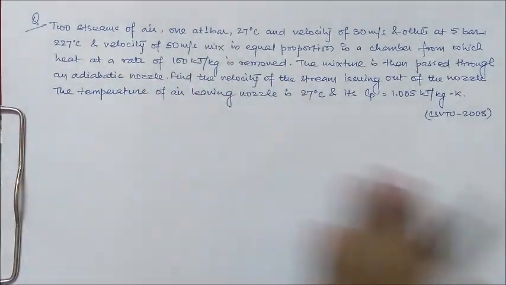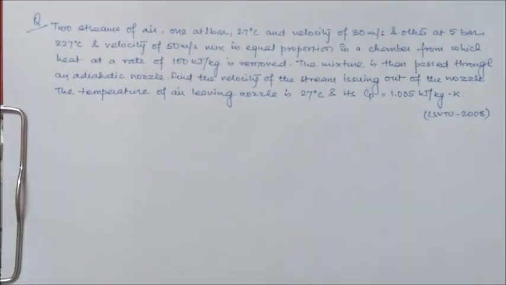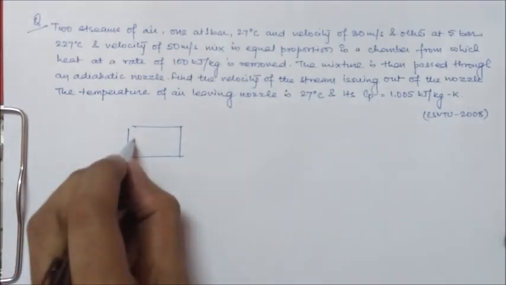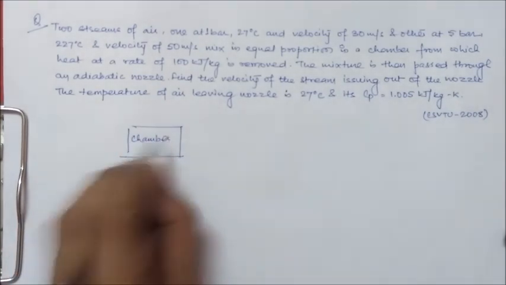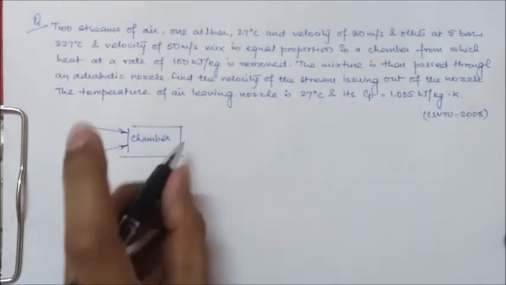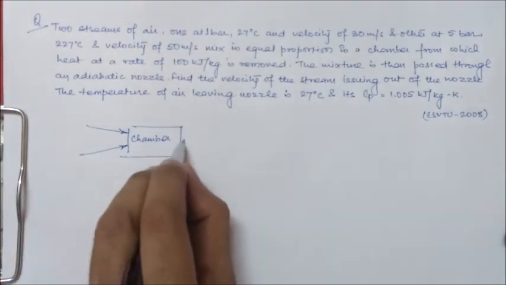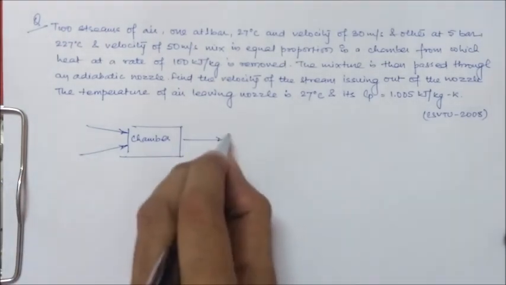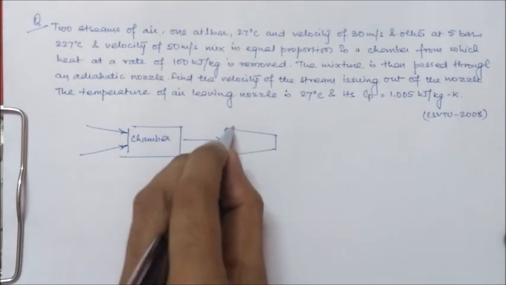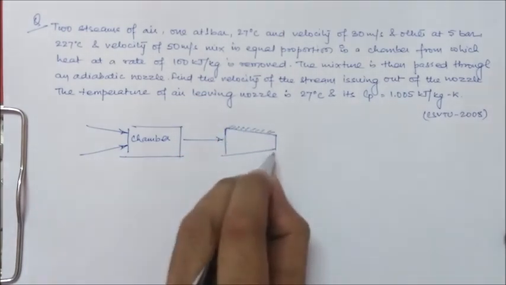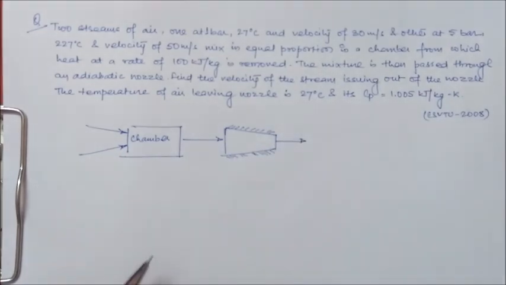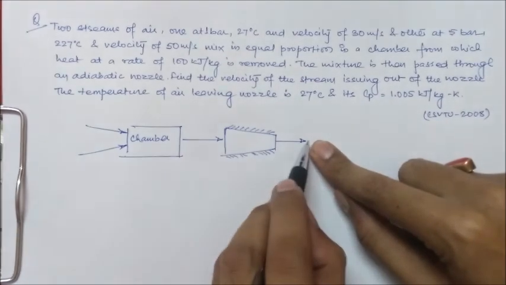So let's understand this question with the help of a diagram. See, this is the chamber where two streams of air are going inside, and then it mixes like this, and it is introduced to a nozzle which is adiabatic in nature, and the output of this nozzle is this.